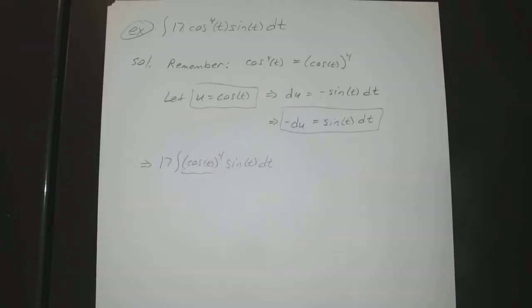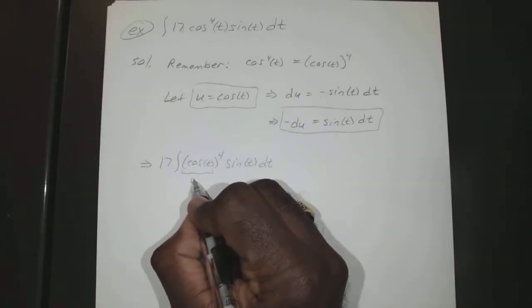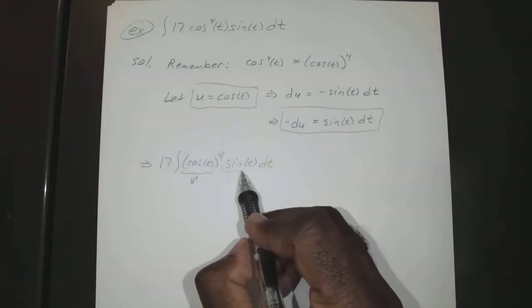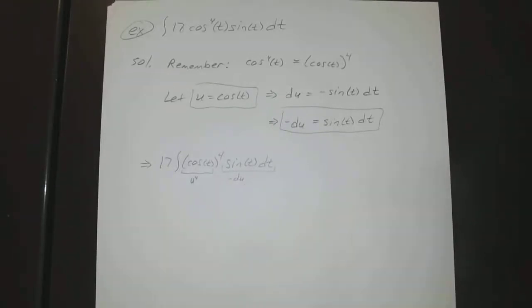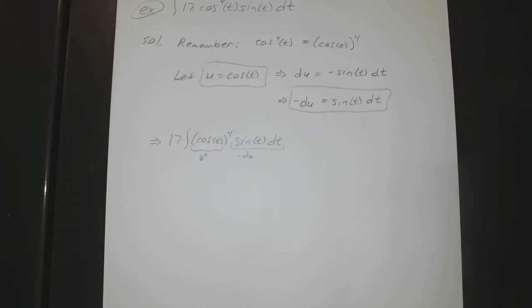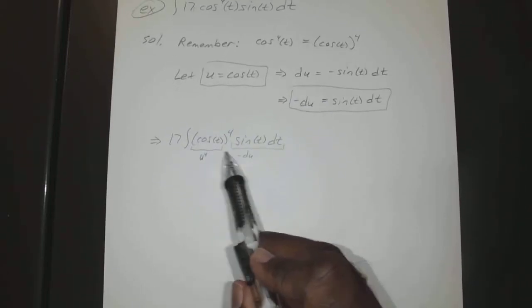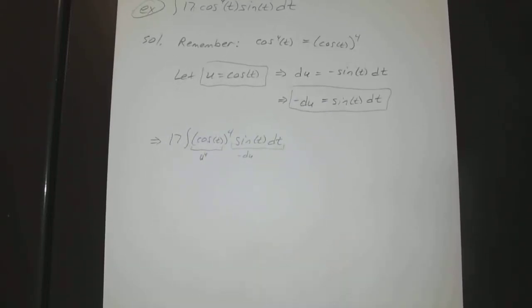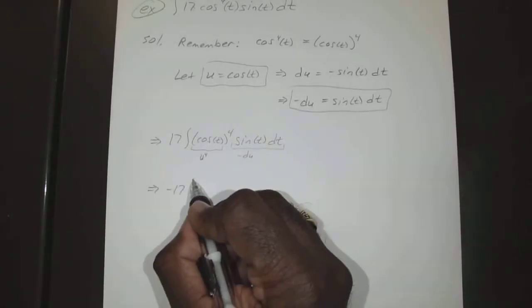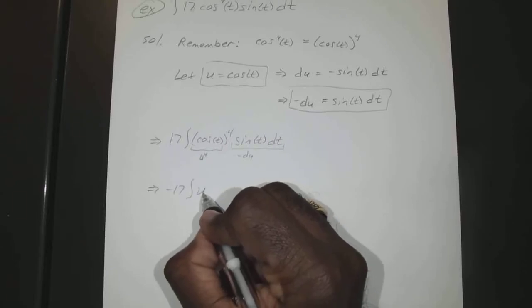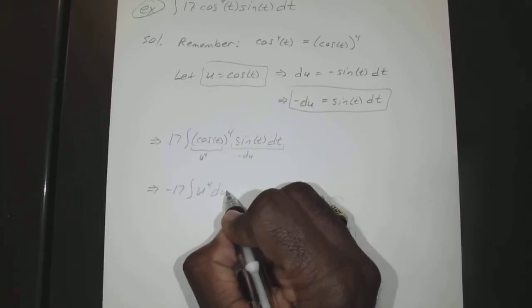And that gave us our u to the 4th. And this gave us our negative du. With that negative, we can just bring that right out to the front. So you have negative 17 times the integral of u to the 4th du.